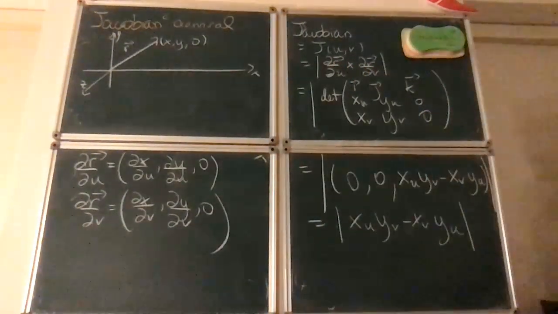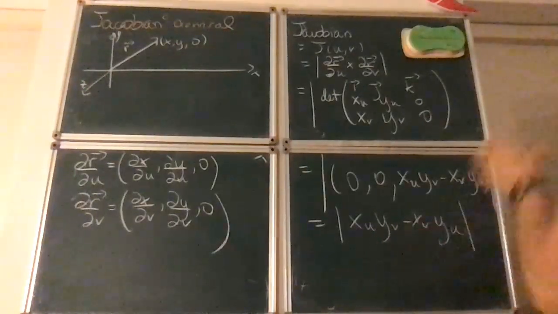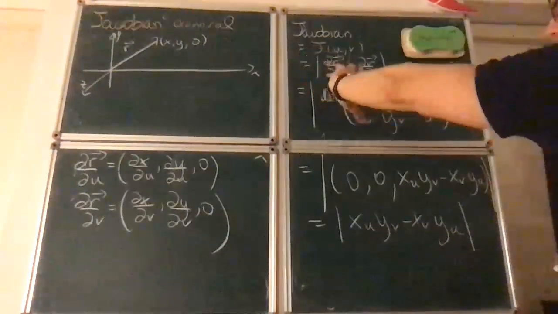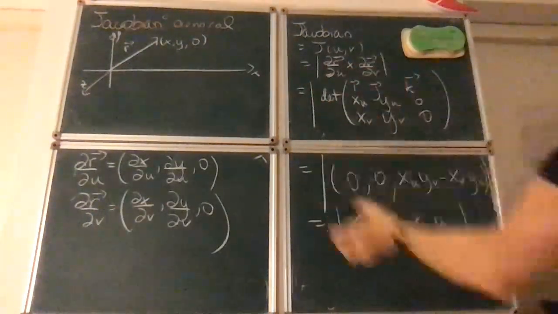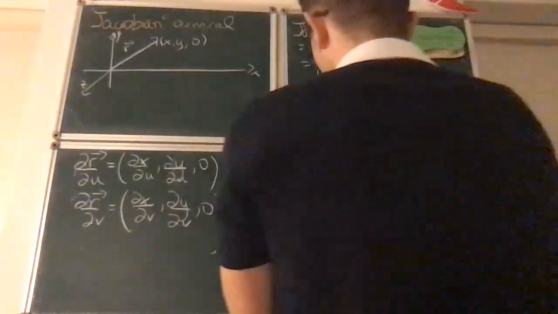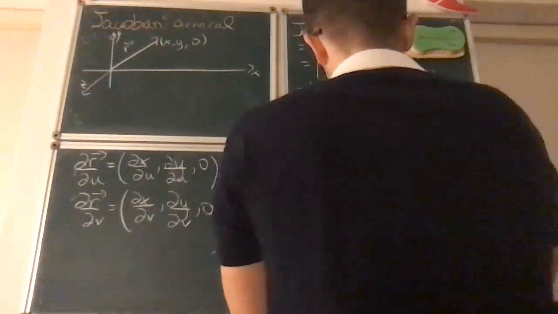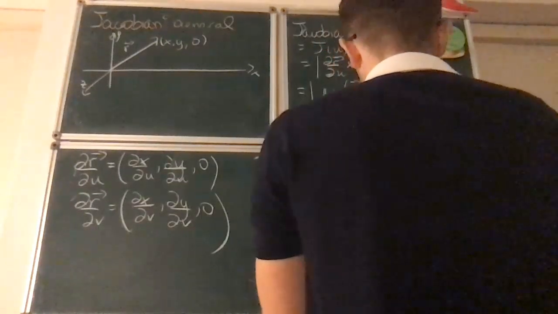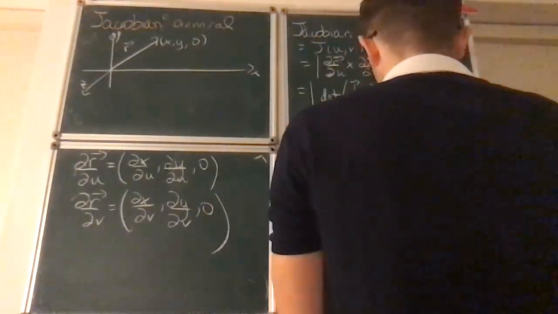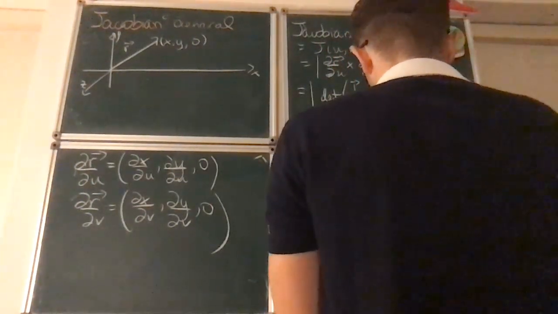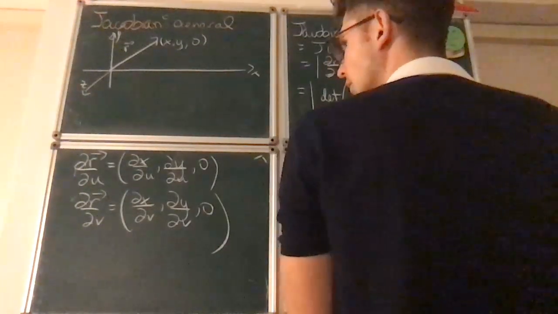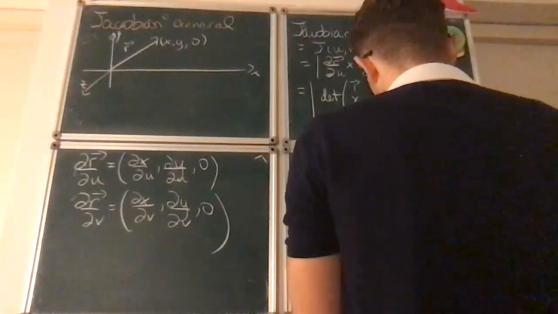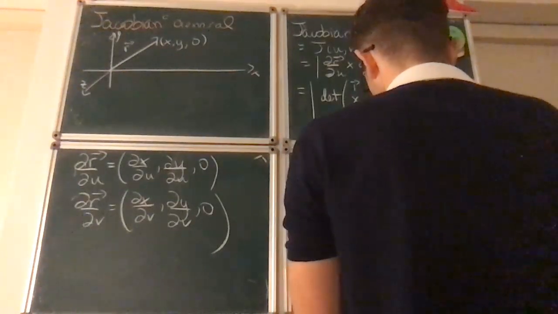And this, if you don't want to think of it as a cross product, you can also think of it as the absolute value of the determinant of some matrix.